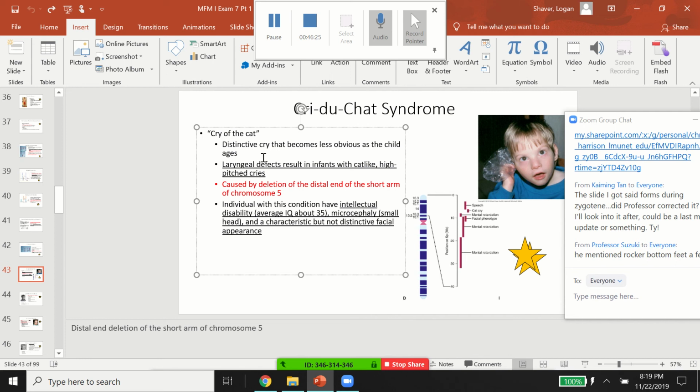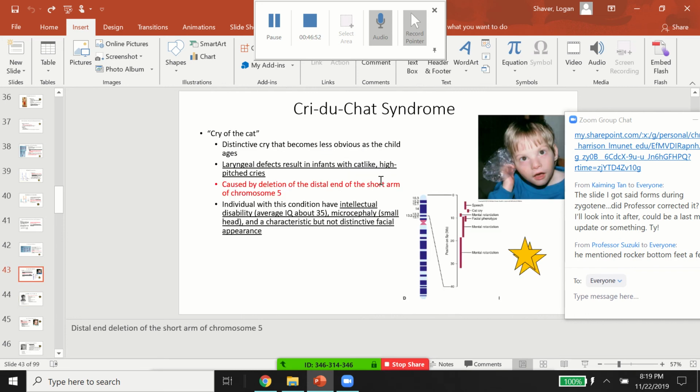They wouldn't want to give that away, but they could mention something about their voice being high-pitched or something like that. So keep an eye out for that. Also, microcephaly stands out to me specifically, and also intellectual disability. They list pretty much only three things on this slide anyway. But laryngeal defects is the number one thing.